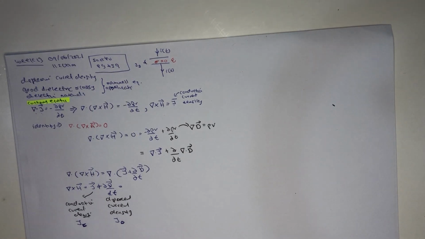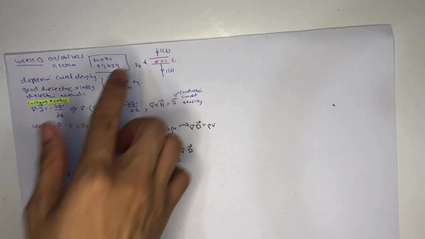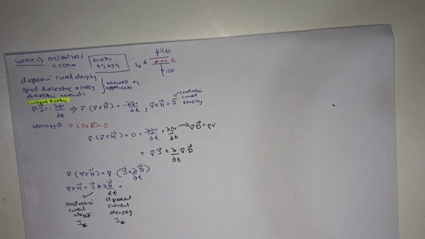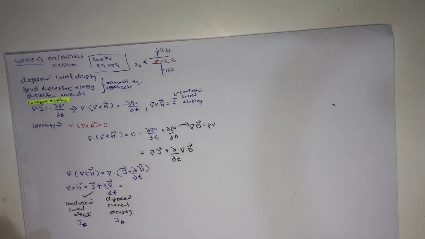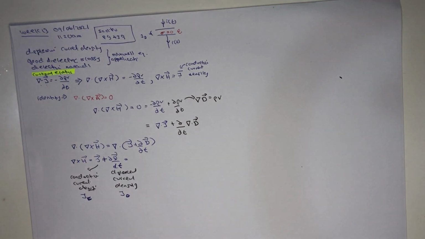So this is how we make use of displacement current density in order to transfer our signal from one place to another over a non-conductive medium, which is a dielectric, for example air, just like your wireless signals. That's why we're able to talk over the phone, because we make use of this displacement current density.